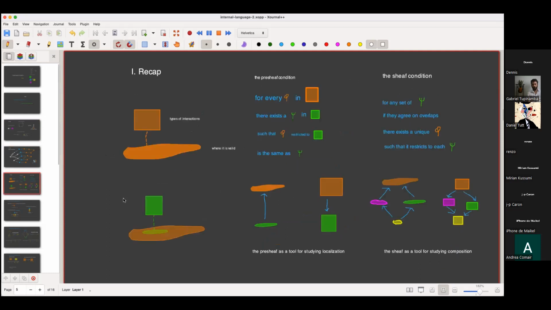And then the last thing I wanted to revisit is this idea that the interactions between elements or between parts of a social situation can be thought of as varying depending on where you are in the social space, right?